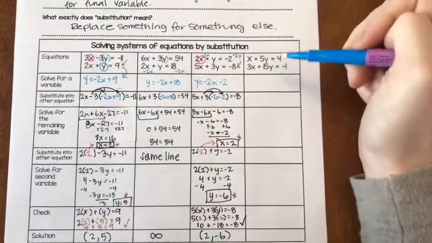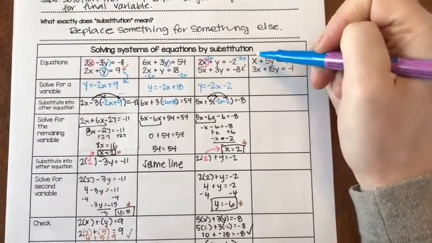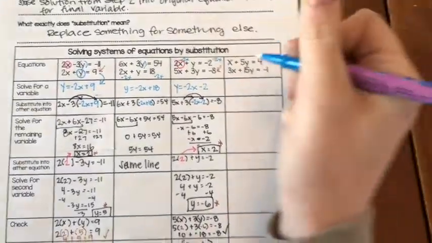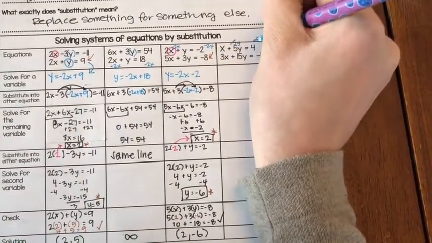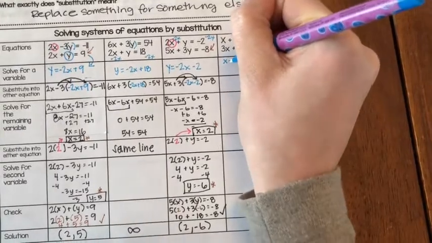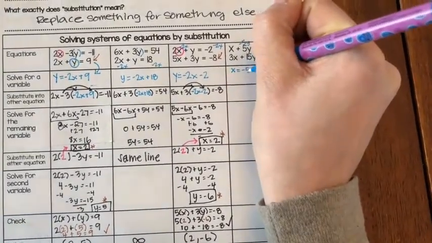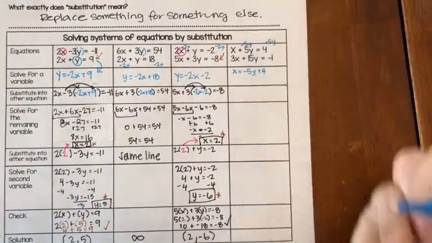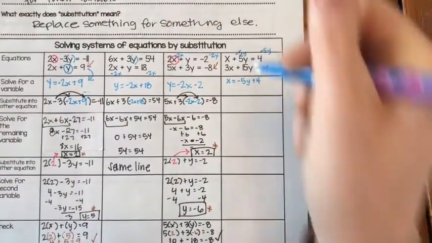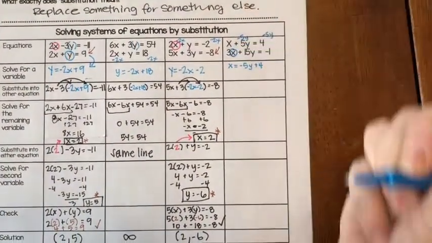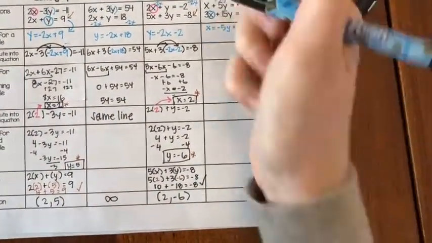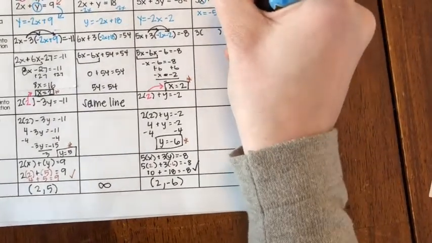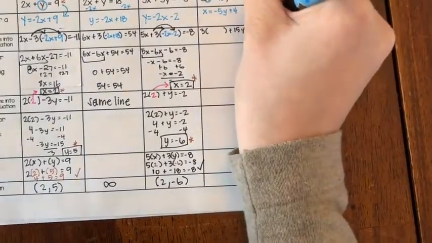All right, last one. So this time I'm going to solve for x first because x is the one that doesn't have the coefficient. So I'm going to subtract 5y from both sides. I end up with x equals negative 5y plus 4. So this time we're going to plug everything into x. So we're going to get 3 times x plus 15y equals negative 1.